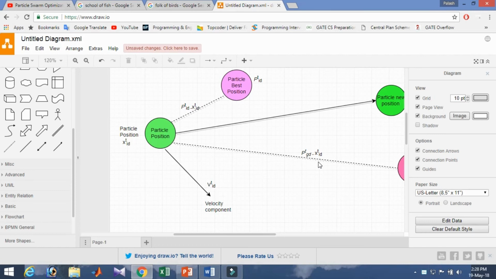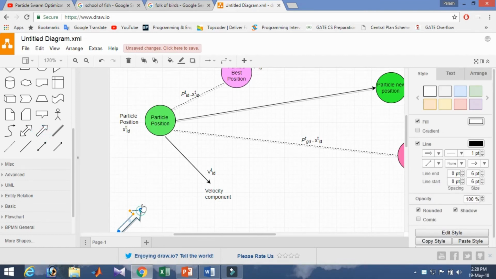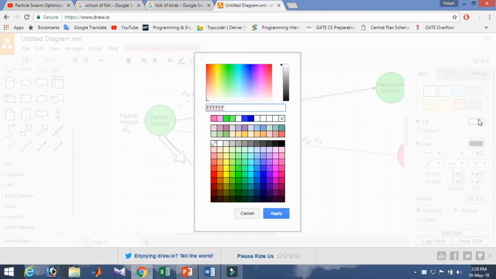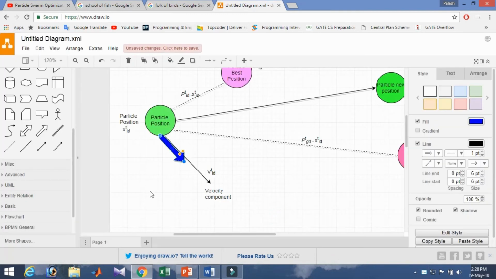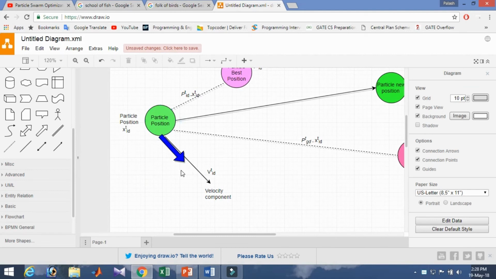So what happened? Suppose a particle comes from that direction. Let me fill the color with this. Suppose it is coming in that direction. After that it goes in that direction toward the particle best position. Why is it coming in that direction? Because it depends upon its previous position.